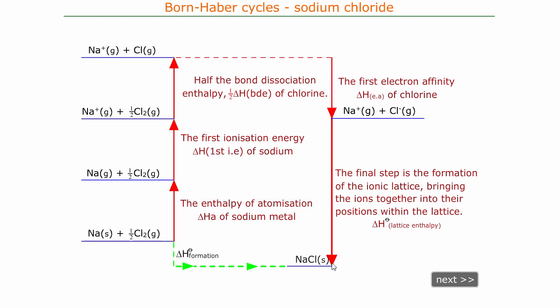And that will take us from the same starting point to the same ending point. So Born-Haber cycles put together considering each of the individual steps required to produce the ions that must go into the lattice.